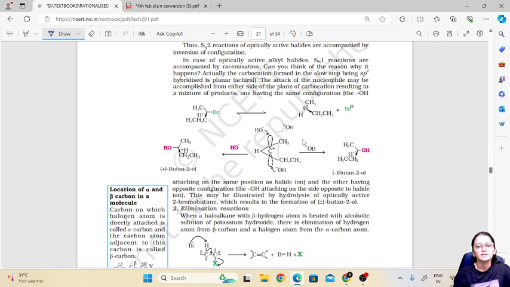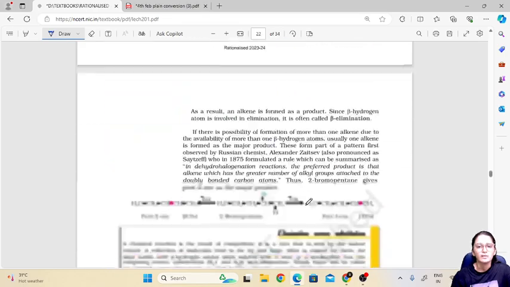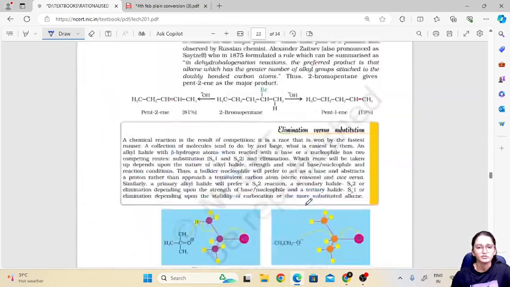In the other case, the OH attacks through the downside, and it will get attached here. So this is dextrorotatory and this is levorotatory. We can get a mixture of both the products, so that's why it is called racemization of the product. This is the racemization reaction which happens in the SN1 reaction.